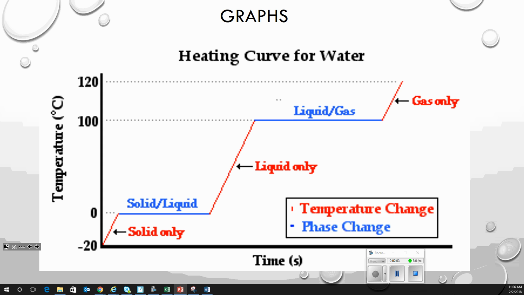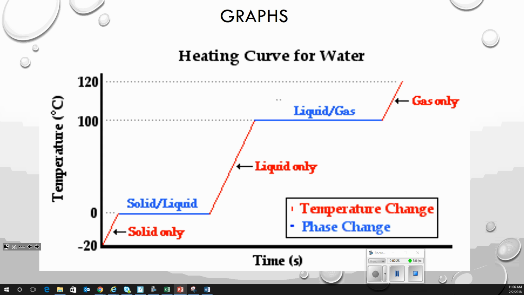The lower one is when we're changing from a solid to a liquid. This would also be known as melting or freezing, depending on which way you're going. The top one is when we are boiling a liquid or evaporating a liquid, or going the other way would be condensing a gas to a liquid. So we do need to know each of these parts.